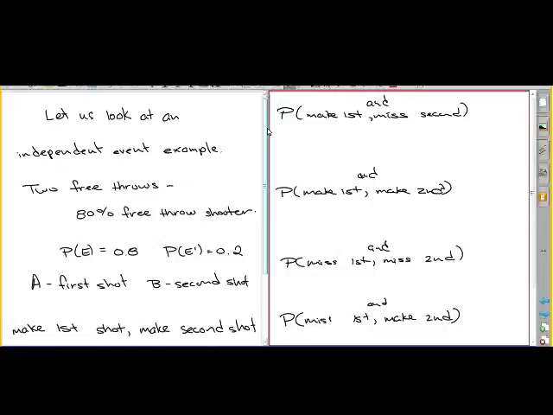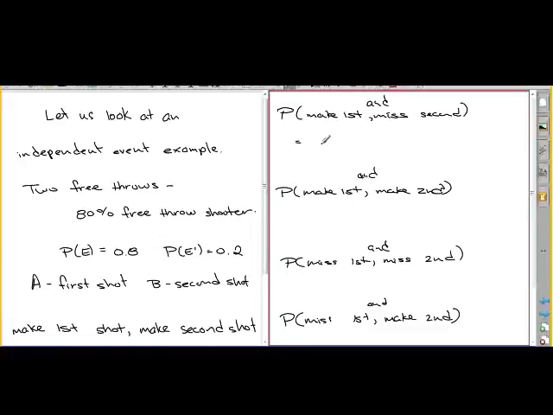The probability of making the first and missing the second, making the first and making the second, missing the first and missing the second, and missing the first and making the second. All you have to do is take the probabilities of each one of those events and multiply them together, because I'm assuming that they are independent events.